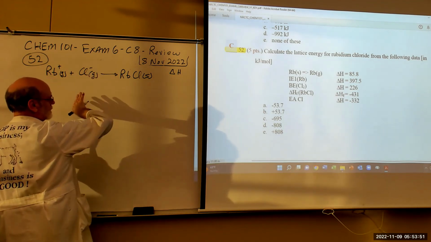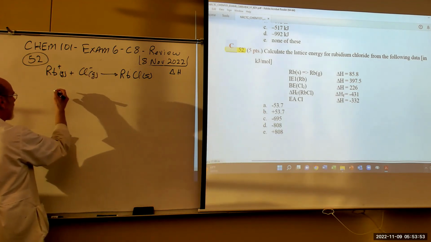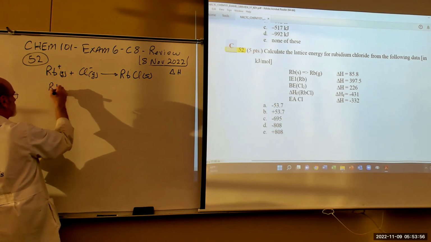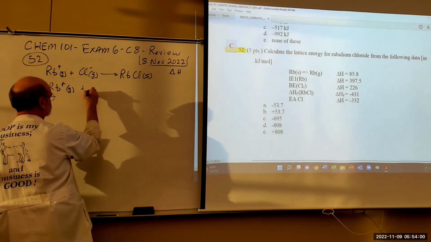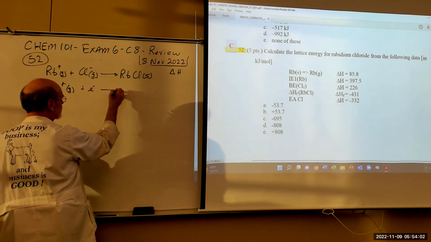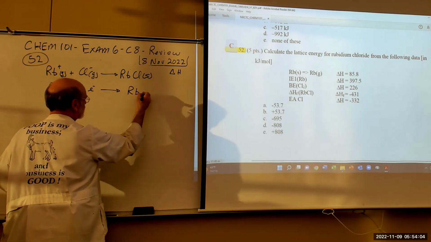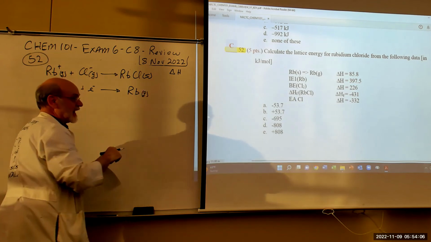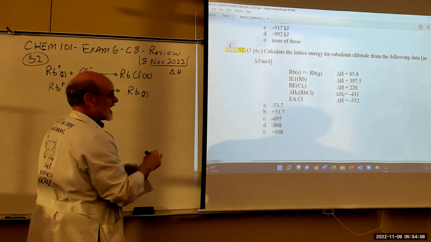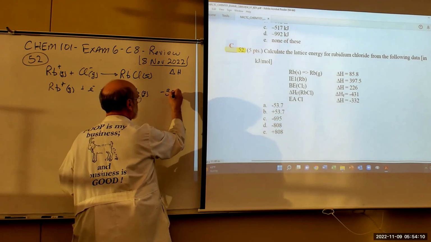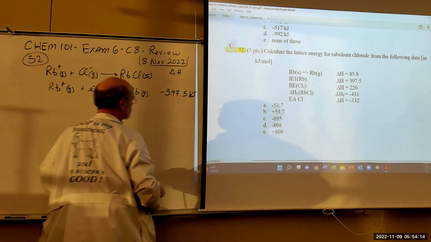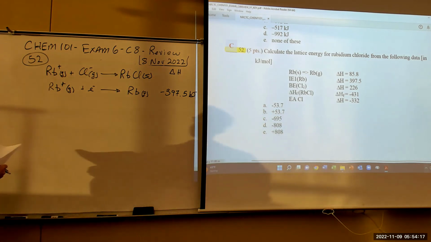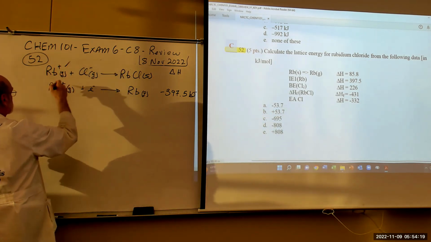So we have to flip it, and instead put the ion on this side with its electron. There we go. And now we have to change the sign. Minus 397.5 kilojoules. All right, that takes care of this one.